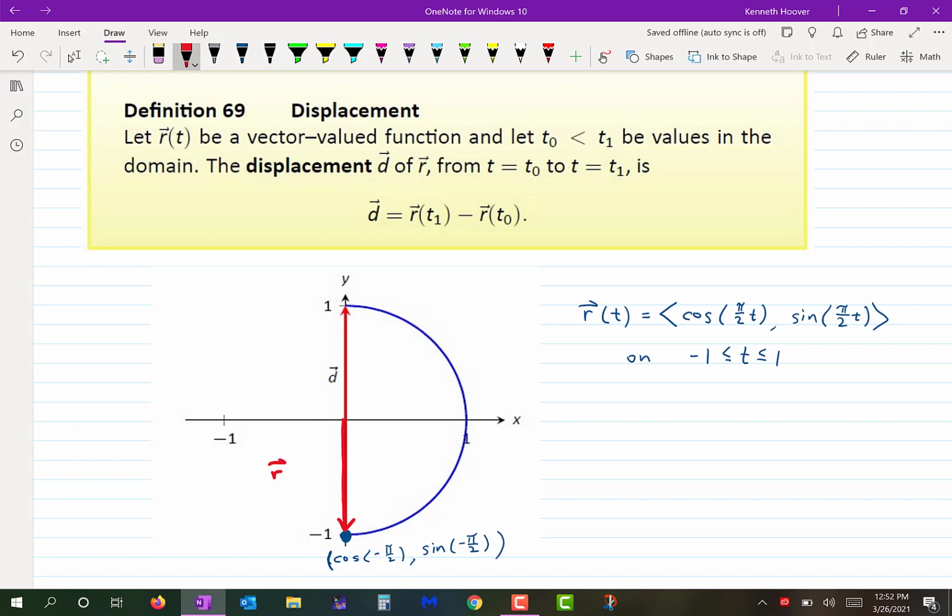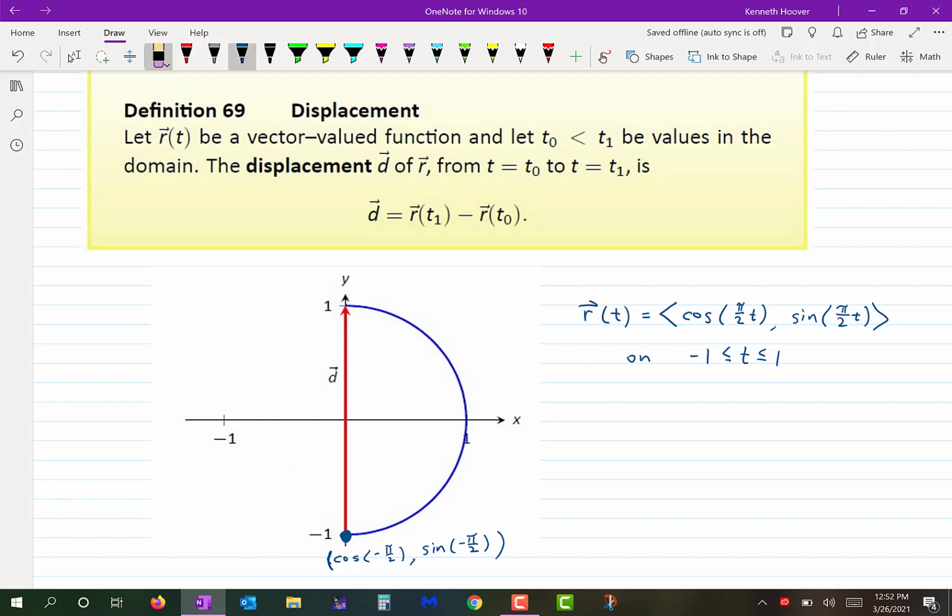That's r of -1, that vector right there. But because it gets lost in the picture, because there's already a red vector drawn in, instead I'm just plotting the point at the end of the vector r of -1.